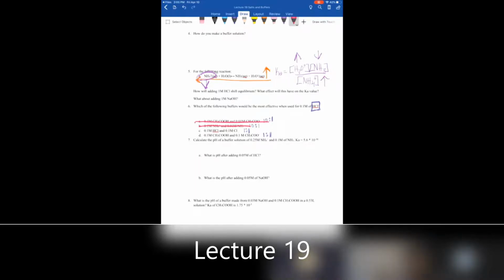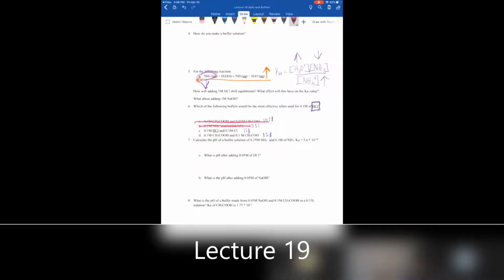It shouldn't, because it's strong. If you add 0.1 M HCl and 0.1 M Cl minus, all your HCl is just going to immediately dissociate and become Cl minus. So you're not going to have anything. Okay. So what about D?